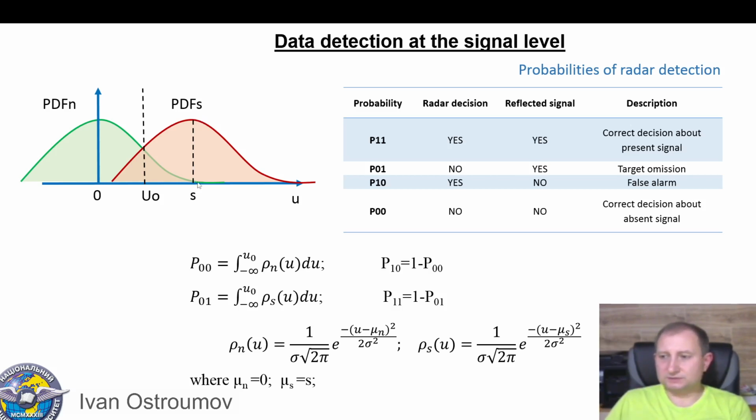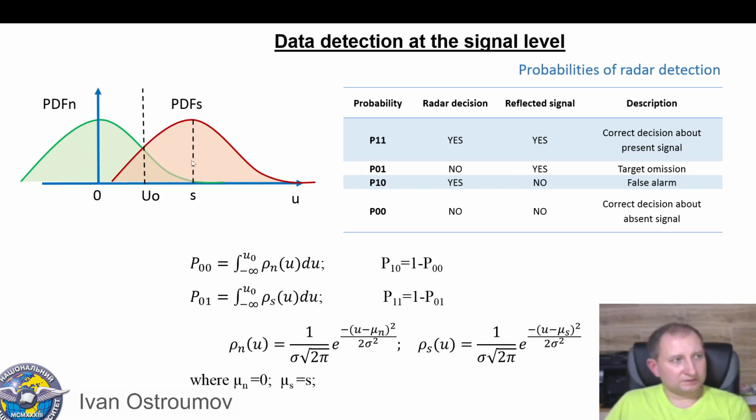It means that if we measure the signal, this random variable will be added to our signal level.